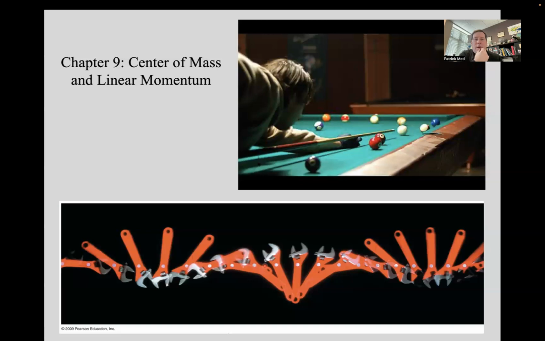You can play a little trick with this, and you might be aware of this already, but there are objects like a tennis racket, which is probably the most famous example. If you try to spin a tennis racket, there are two rotation axes that it's stable to rotate around.